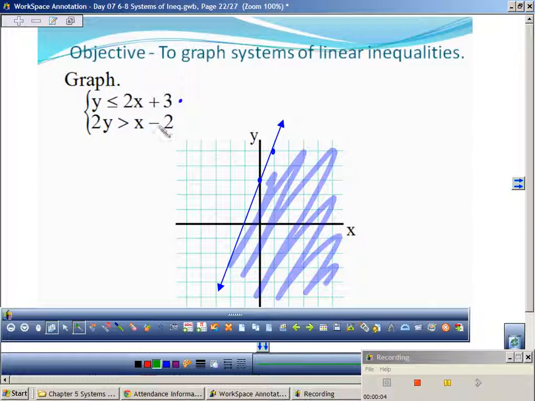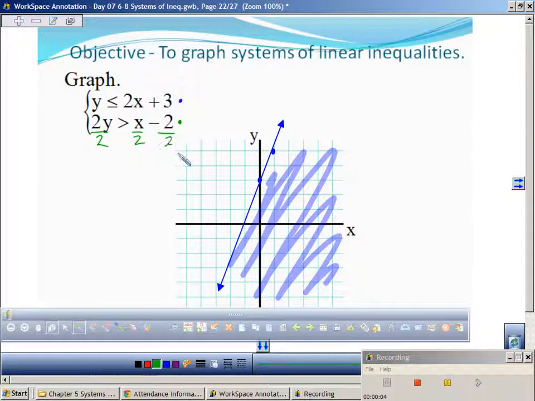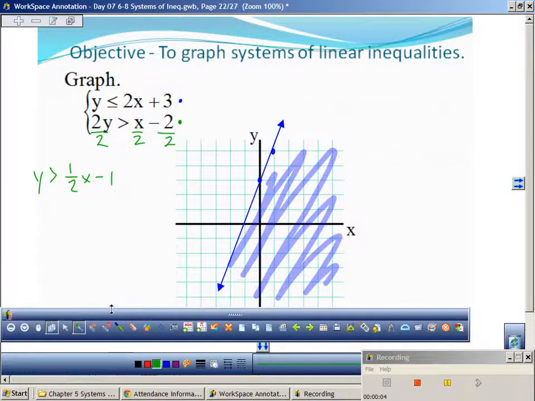Okay, so this equation down here needs to be put into slope-intercept form. In order to do that, I would need to divide everything by 2. And I get y is greater than 1/2 x minus 1. So now I have to begin at -1, and I'm going to go up 1 and over 2 in the positive direction.